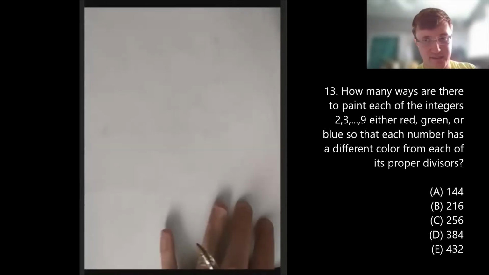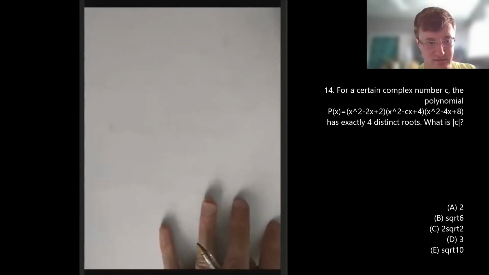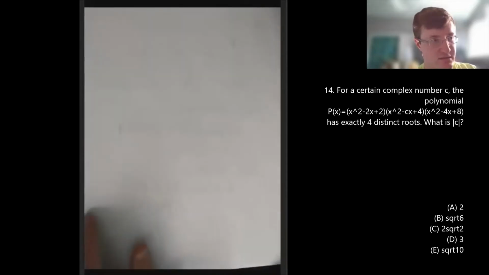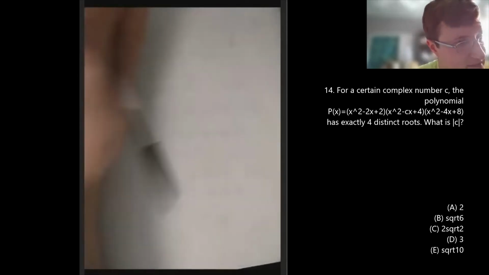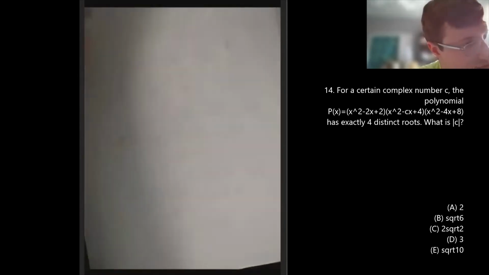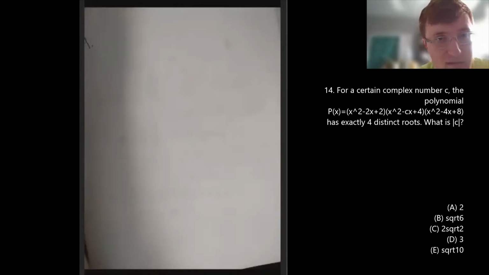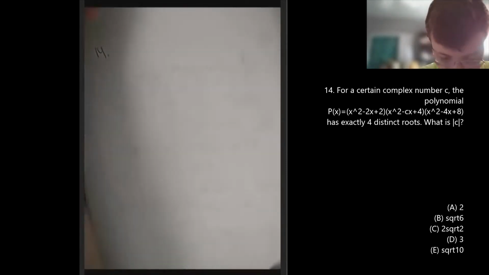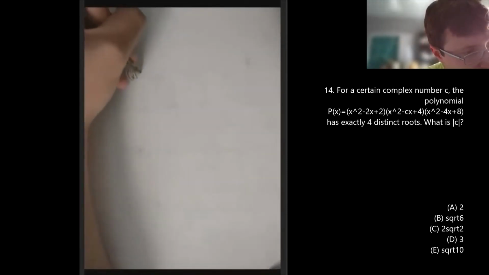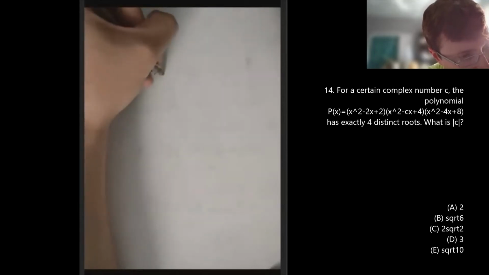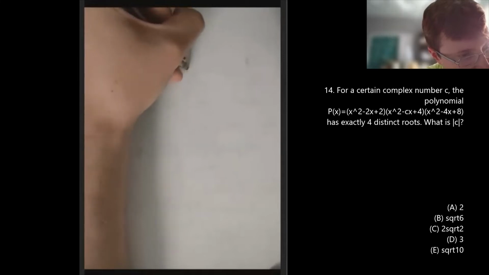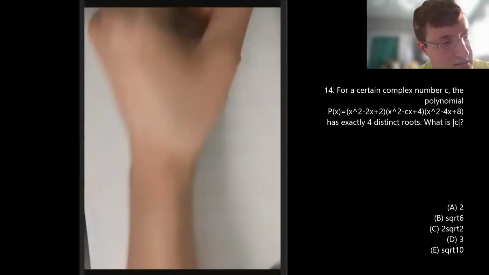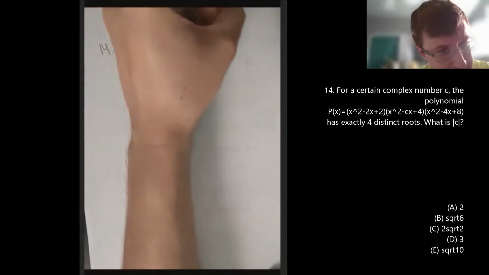Okay, 14. Okay, so I have this polynomial p of x, which is this big mess, x squared minus 2x plus 2, x squared minus, not 6, c x plus 4, then x squared minus 4x plus 8.